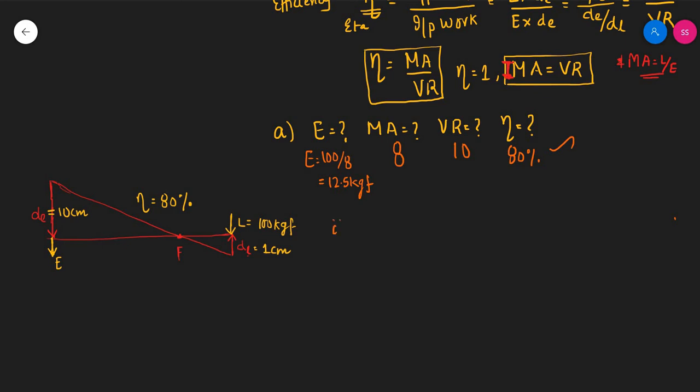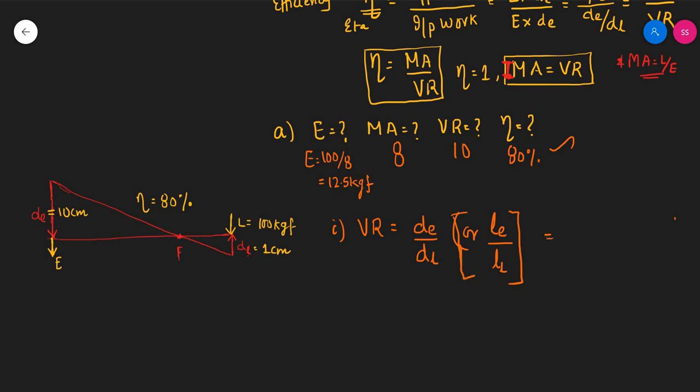The first thing is your velocity ratio, and velocity ratio is something which is fixed, and it can be found by finding the ratio of dE by dL. In some cases where they would have given you the length of the effort arm by the length of the load arm, you can also use that if it's a rigid bar and there's no bending at all.